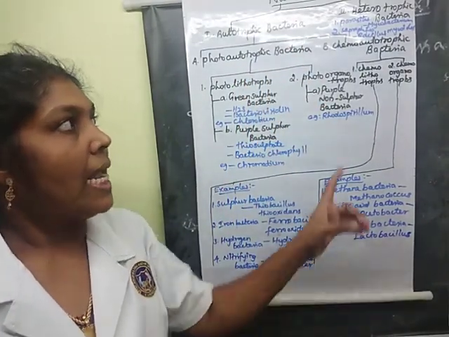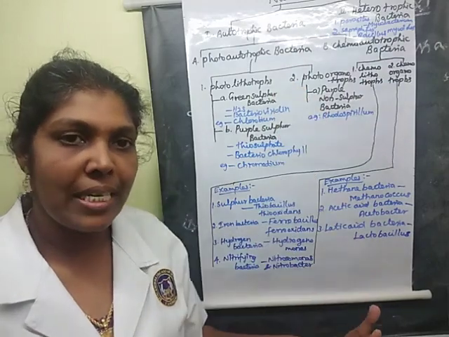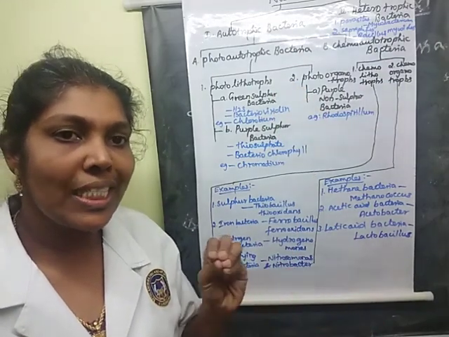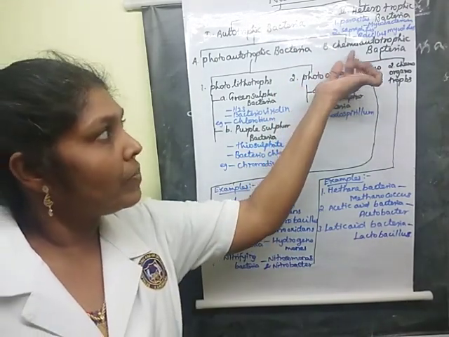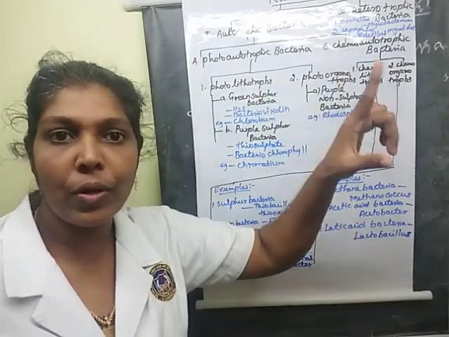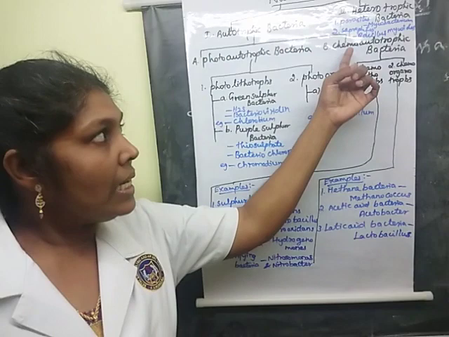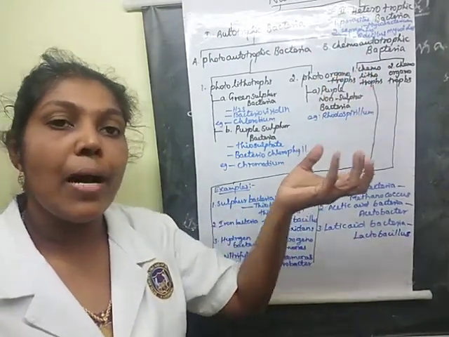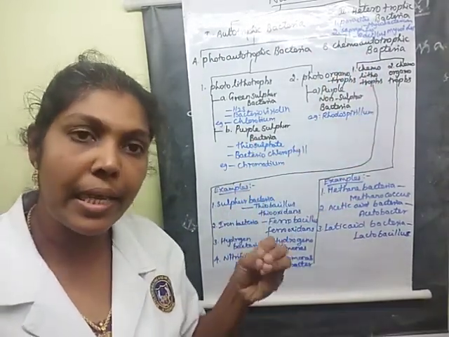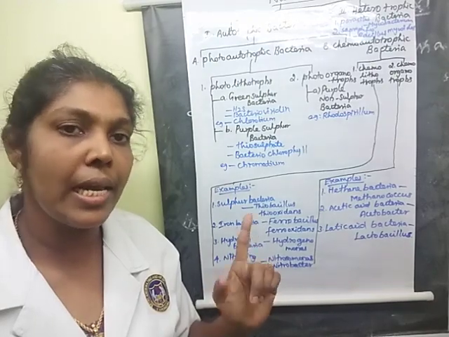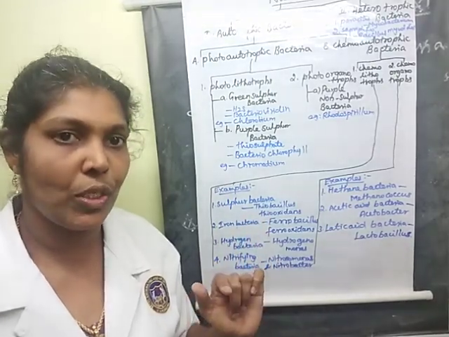Understood, students? Chemoautotrophic bacteria means they do not have chlorophyll pigments. In this type, they obtain energy from inorganic and organic substances.